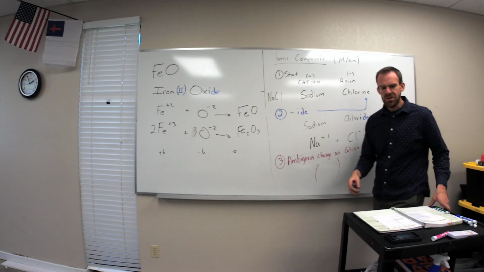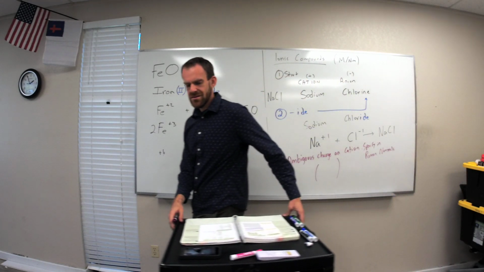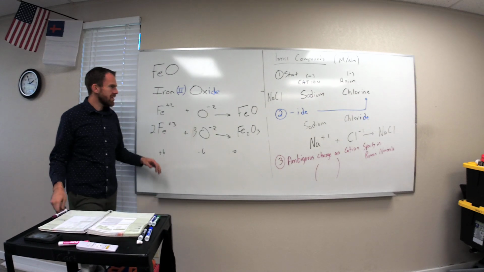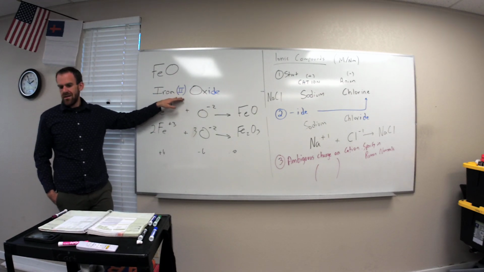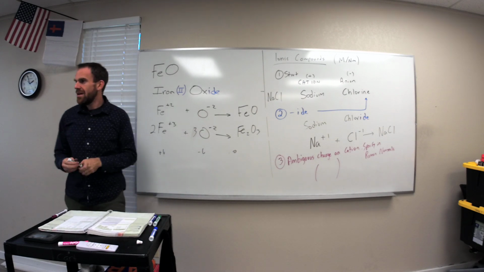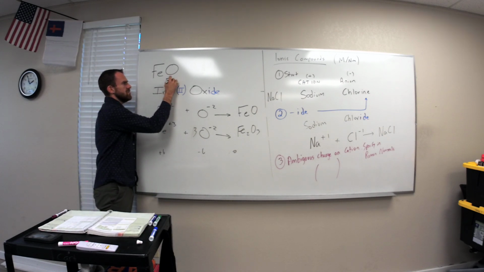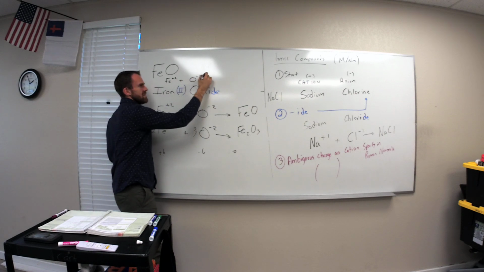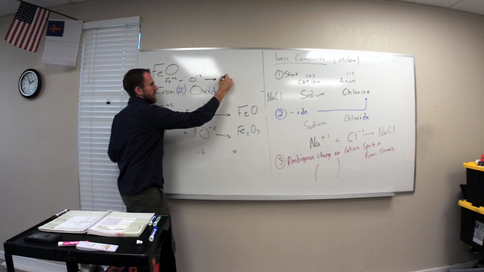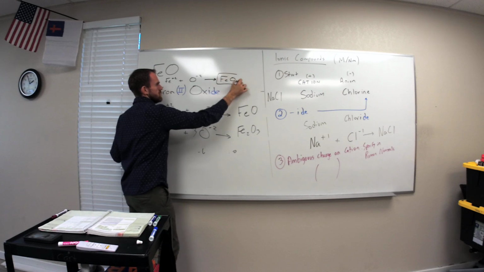So what does this mean for you on a test or quiz? If I say, give me the formula for iron 2 oxide, that tells you that you have iron with a +2 charge mixed with oxygen, which usually takes a -2 charge, to make FeO, which would be your answer.